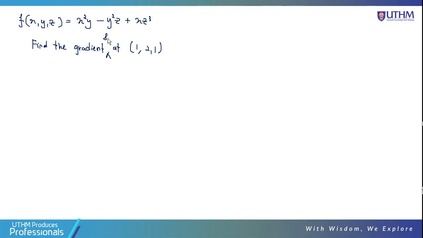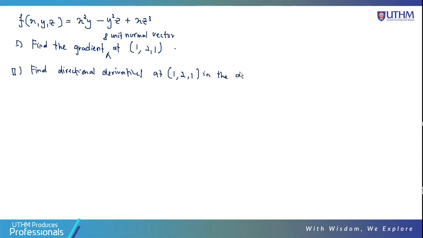I'll add a bit more. And the unit normal vector at (1, 2, 1). That is question 1, and question 2: find the directional derivative at (1, 2, 1) in the direction of (3, 1, 3). Okay, let me continue the question again.